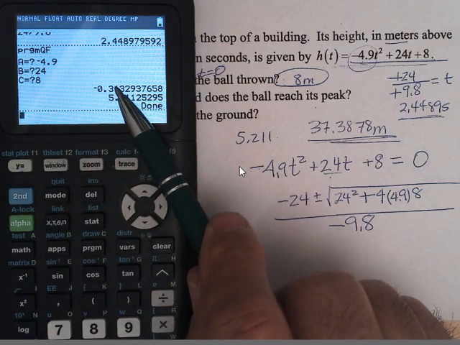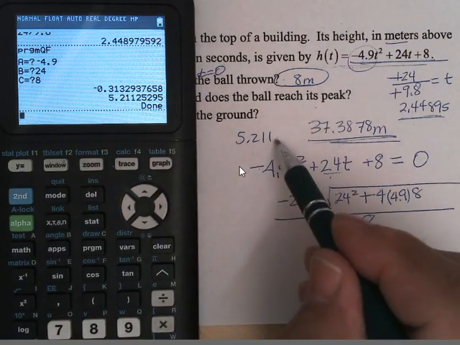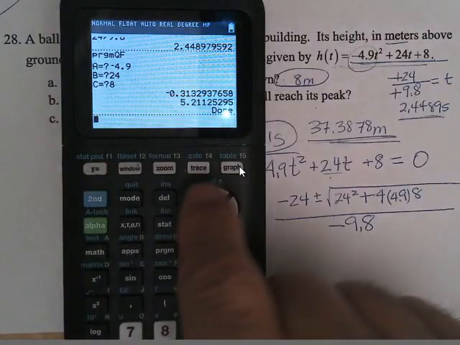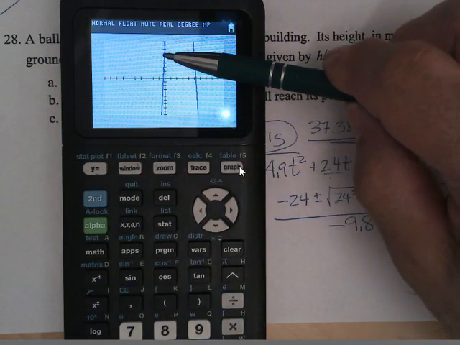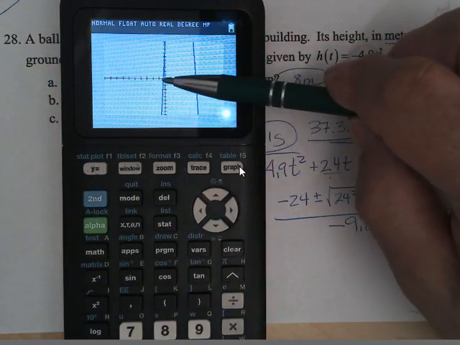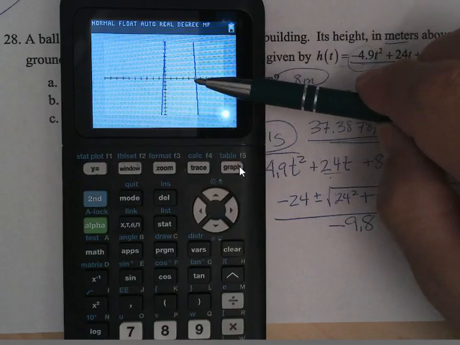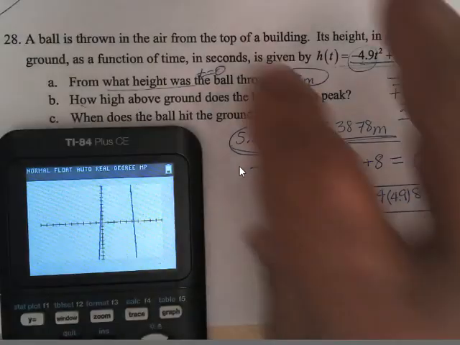Well, that's obviously not what we want, so it must be at 5.211 seconds. And just to look at the graph again, that minus time, if it were followed back from where it was thrown at negative time, it would have been at 0, and at 5.211 it was at 0. So, I've shown you several ways to answer this problem.